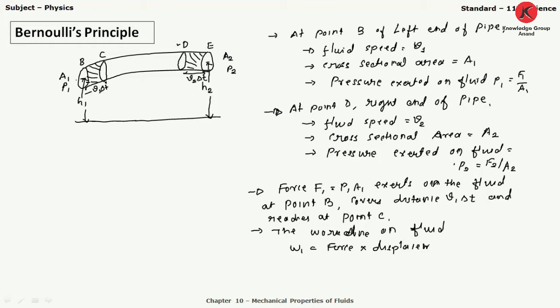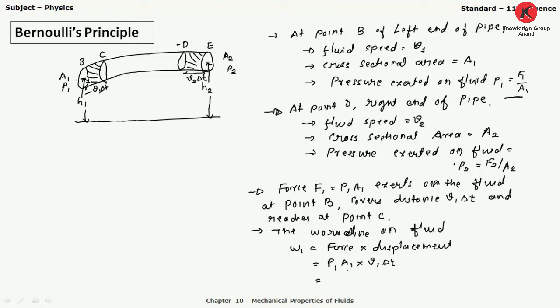This is the equation for work done, force into displacement, and we already have the equation for force: F1 equals P1 into A1. So force F1 is P1 into A1, and for displacement we can write V1 delta T. Instead of displacement we can write it in the form of velocity and time, so V1 into delta T is nothing but the displacement.